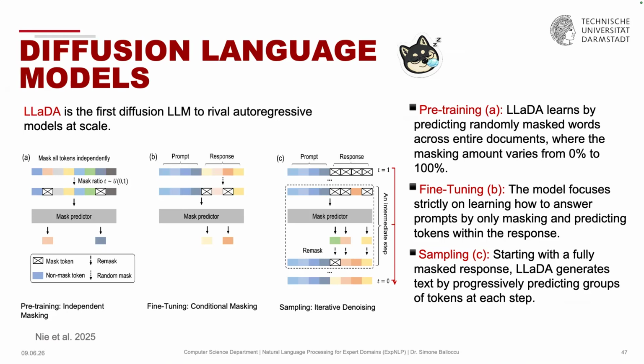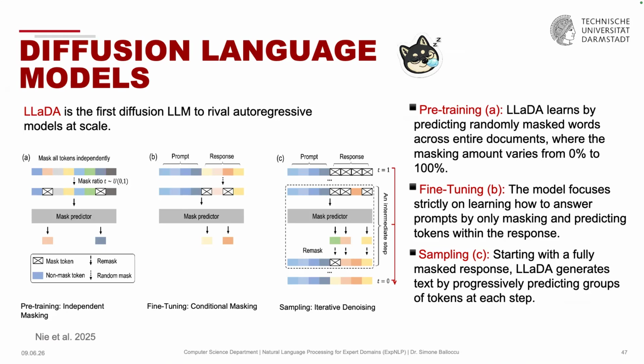Very straightforward. Then you divide your inputs into prompt and response. Here, the prompt will not be masked at all. Only the response will be masked partially, and the model will learn to unmask only the response.